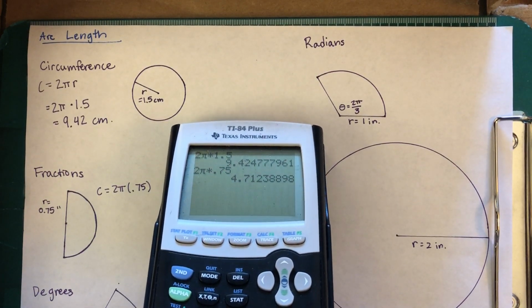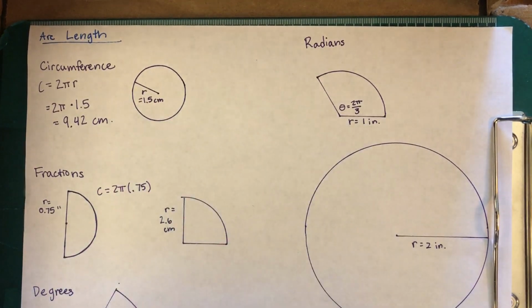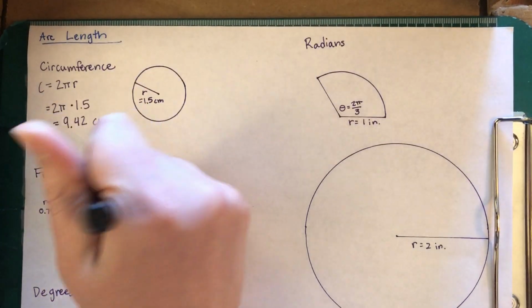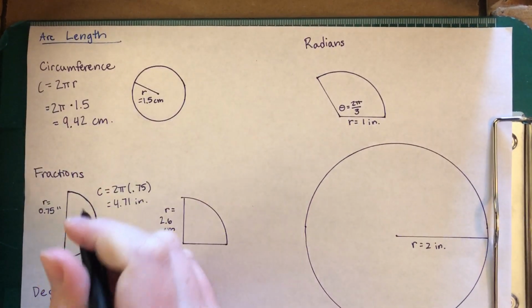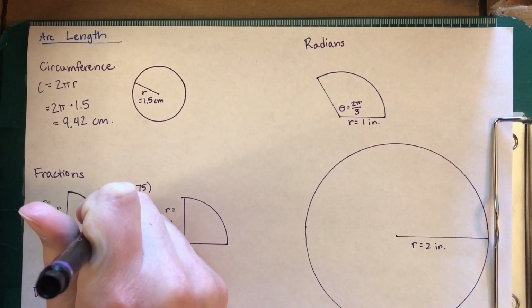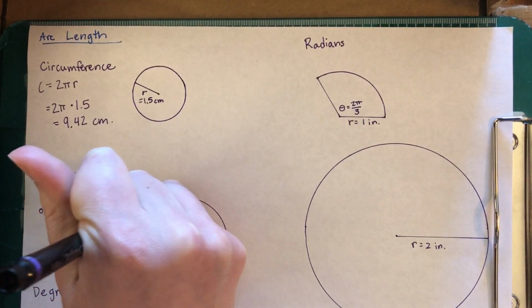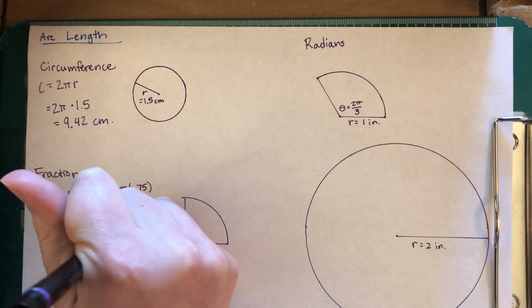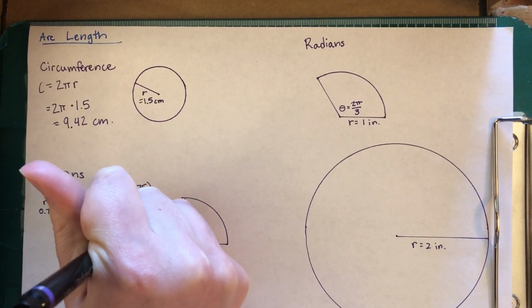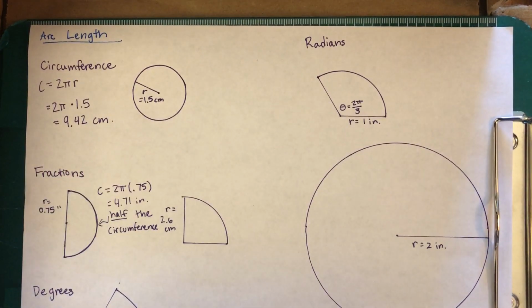But we don't have a circle, we have half a circle. So the length of this should be half the circumference, because it's half the circle.